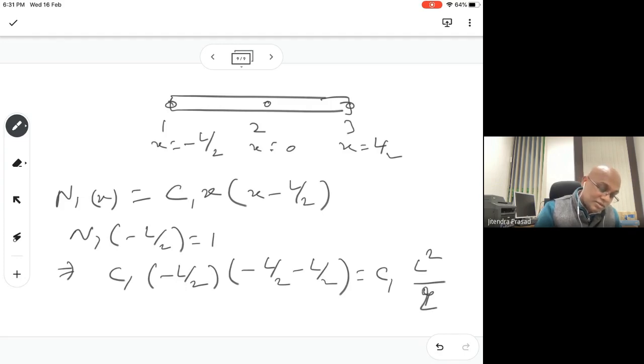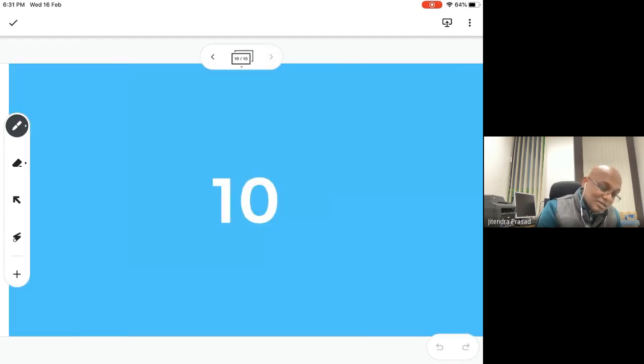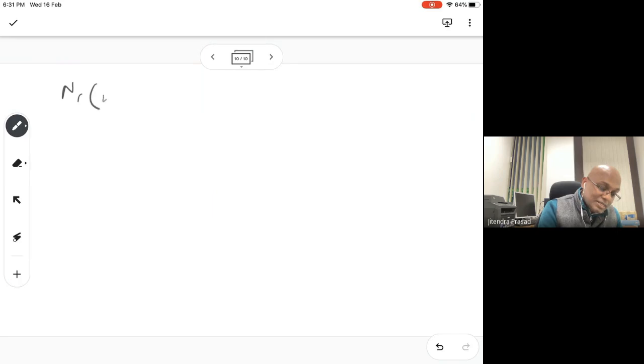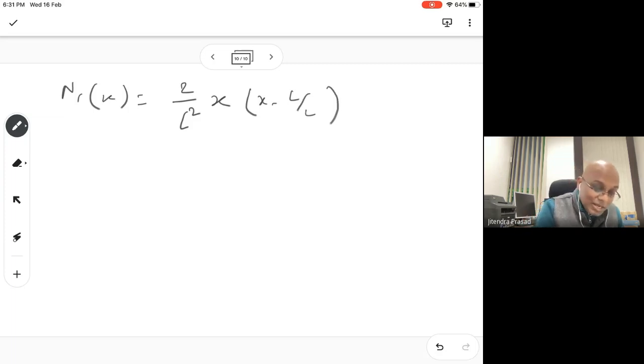So this becomes minus L over 2 multiplied by minus L, which is L square over 2. So equal to c1 L square over 2, and that has to be equal to 1. That tells us that c1 equals 2 over L square. And hence, we can find that N1(x) is equal to 2 over L square times x times x minus L over 2. As simple as that.